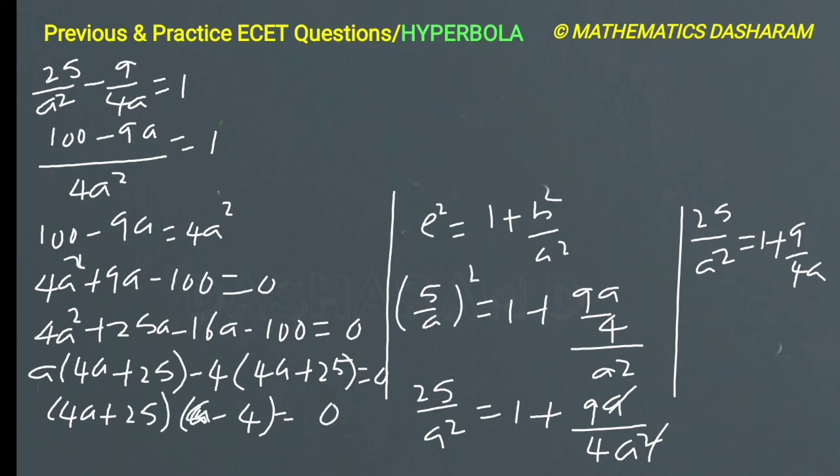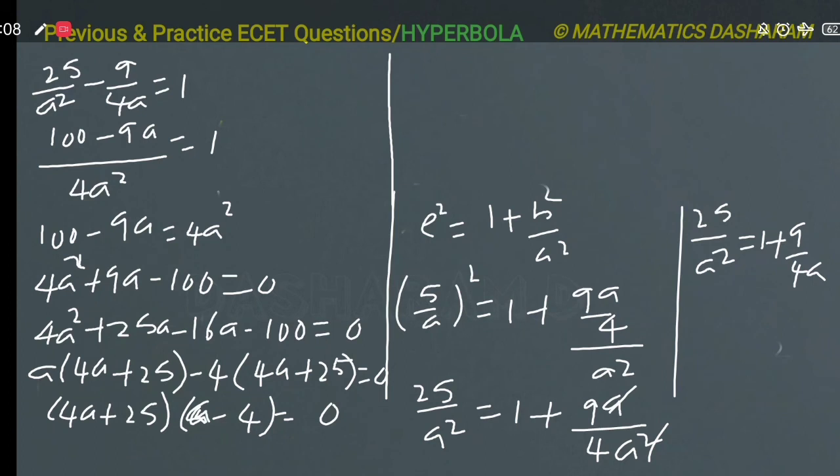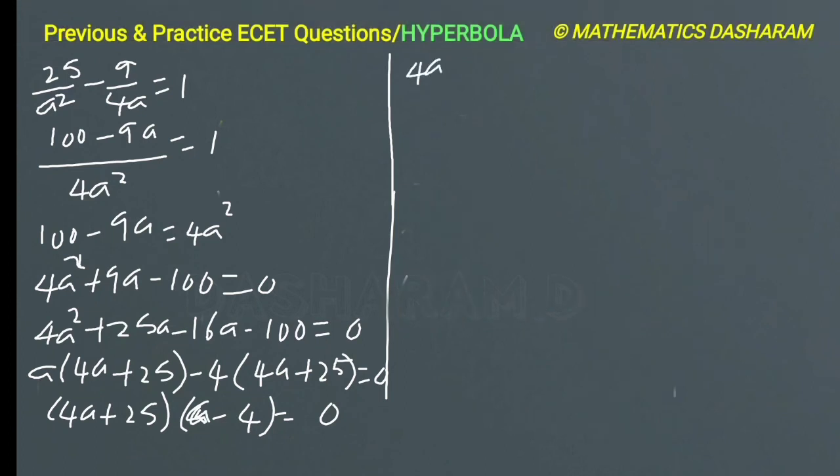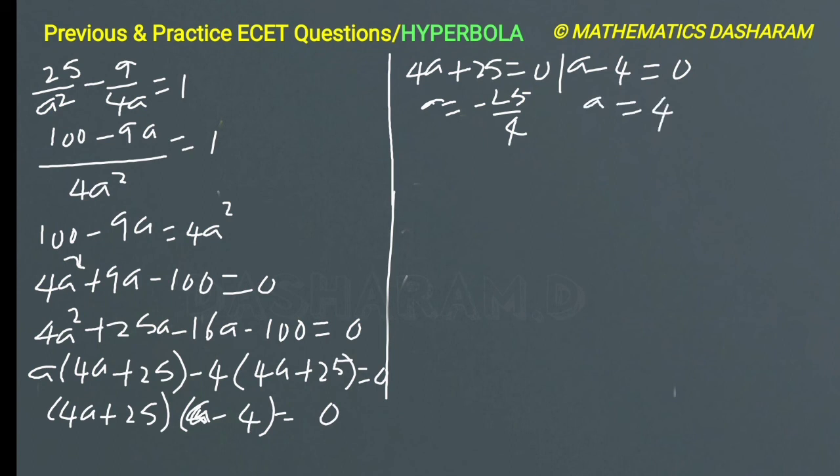So then 4a plus 25 equals to 0 and a minus 4 equals to 0. Here a value is minus 25 divided by 4 and here a value is 4.